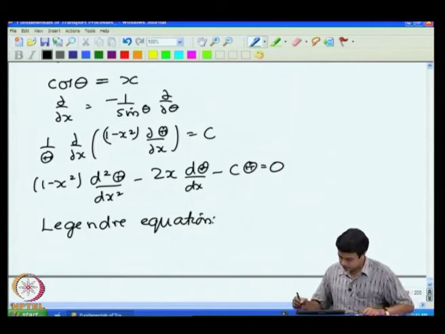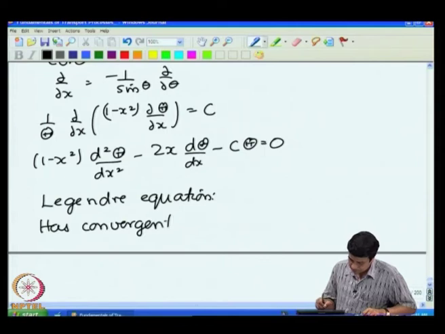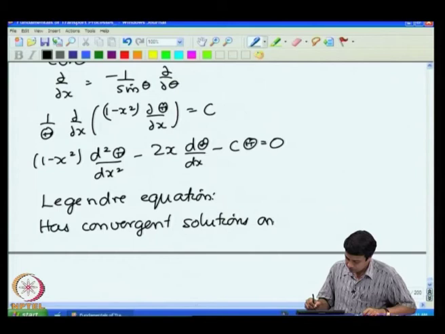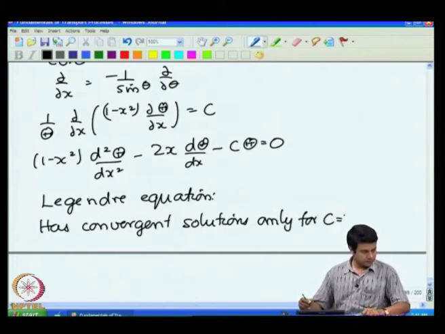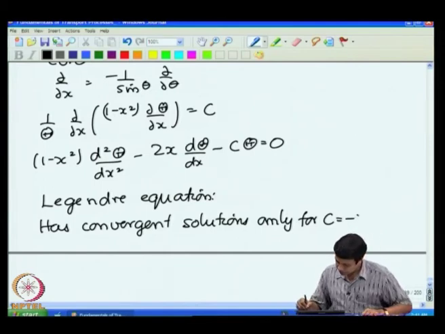It has convergent solutions only for C is equal to minus n into n plus 1.